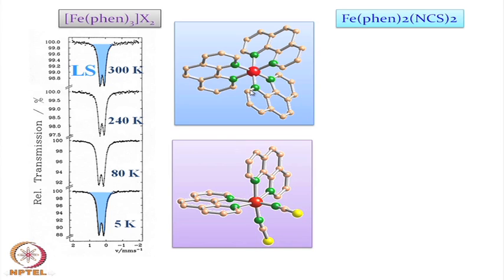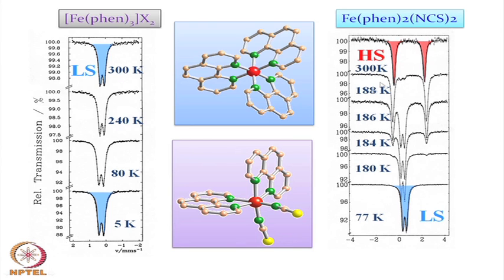So, what about the thiocyanate species? We will find that here the expected trend is operating, as we reduce the crystal field strength by substituting the phenanthroline.